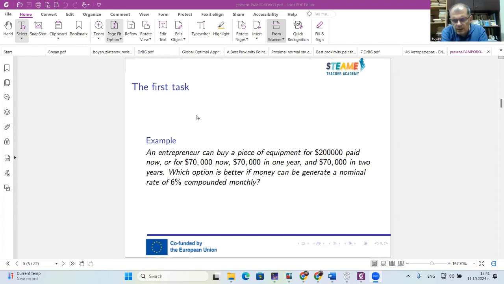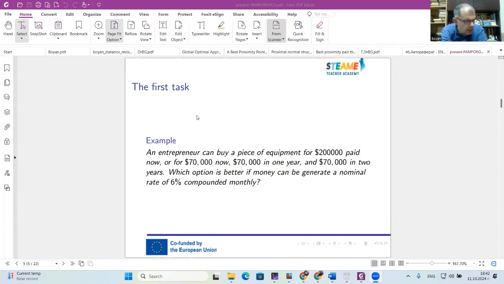At first glimpse, it seems that paying 200,000 is better if you have this money in your bank account. But actually, this problem is not finalized to be solved. Every time I work with my students, I explain to them that in financial mathematics, money is the same commodity as any other good.